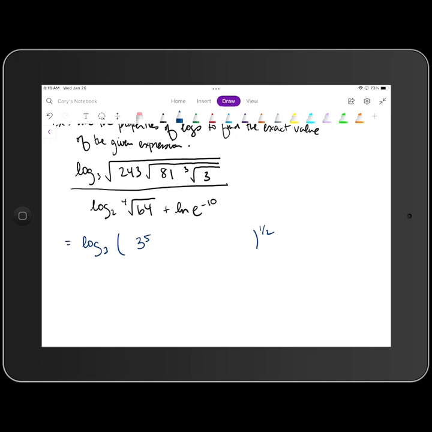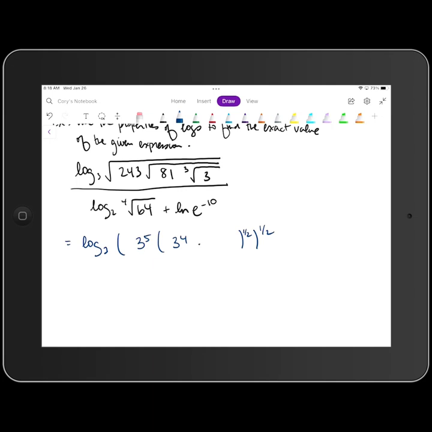When we take the square root of 81 times the cube root of 3, I'm going to take that quantity, again because we're taking a square root, and raise it to the 1/2 power. And then 81: 3 to the first is 3, 3 squared is 9, 3 cubed is 27, 3 to the fourth power is 81. So I can rewrite 81 as 3 to the fourth power.